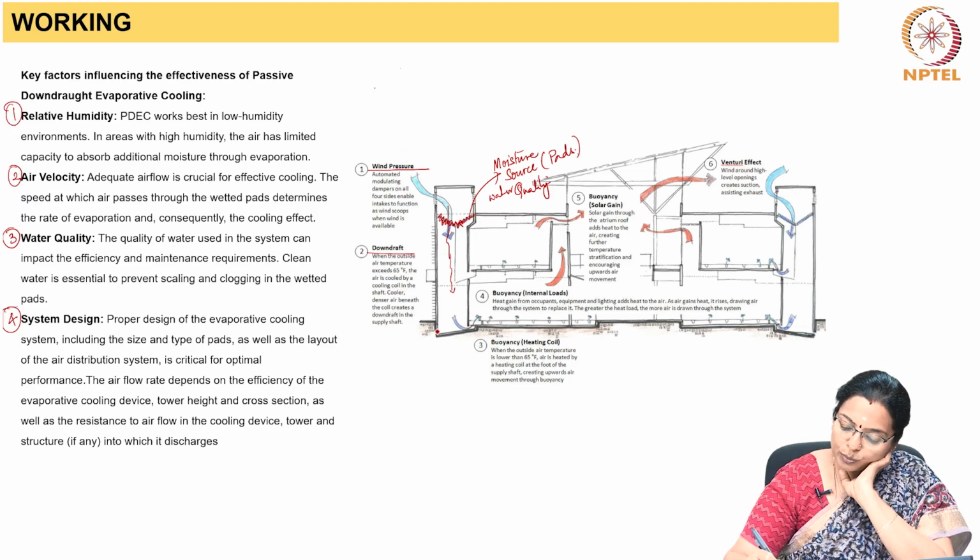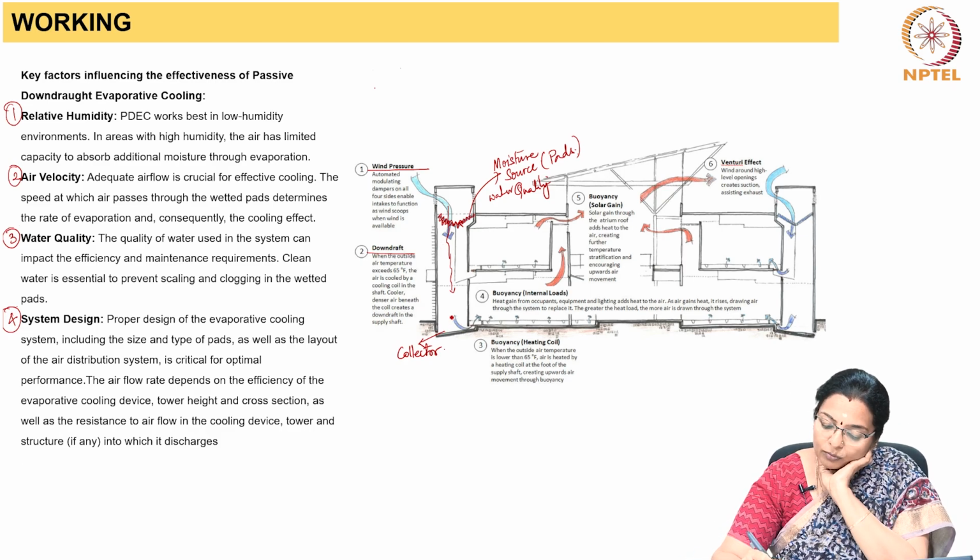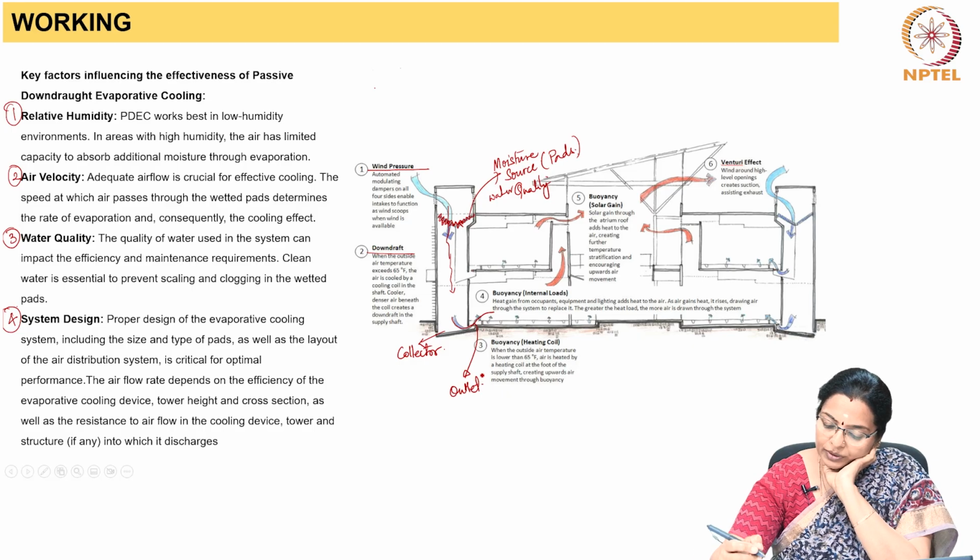Then there has to be a good collector of the extra water that comes from the mist. The air becomes heavy and there has to be an outlet. From the outlet, the air gets in.